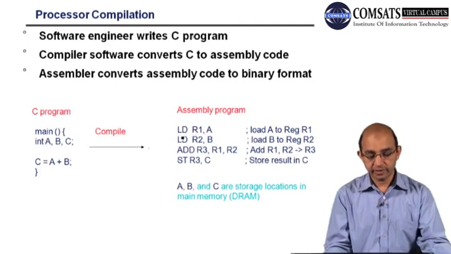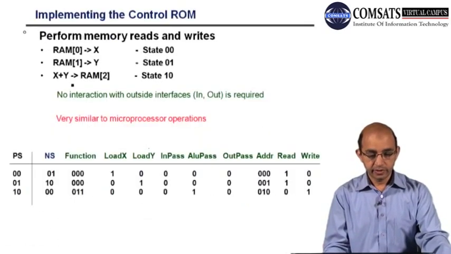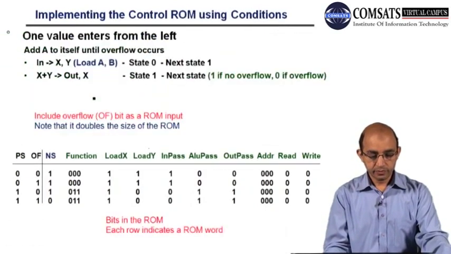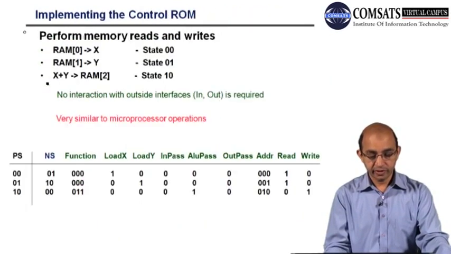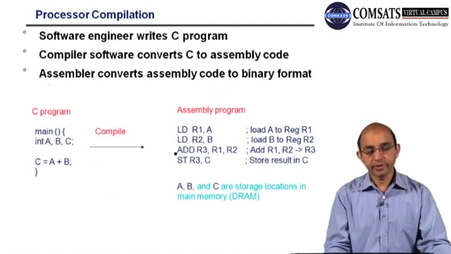This is the assembly program, with load R1, which is similar to this one: load A and B, addition, and so on. These are the same sort of instructions, but the problem is that the computer cannot understand assembly language.